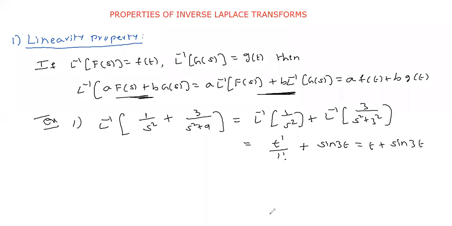Let's say this is example number 1 and example number 2. Suppose we want to find out L inverse of 1 by s into cos 1 by s. So you know the cos x expansion, right?